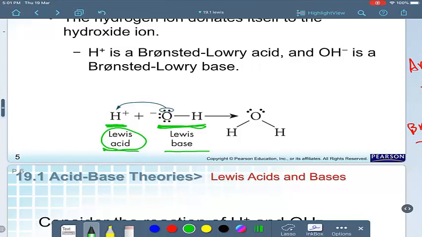And we need only 1 to make this. It has an unshared pair. It can give it to hydrogen here, or we can say coordinate. Remember the coordinate bond. It coordinates with hydrogen, and hydrogen now accepts a pair of electrons. So it's an acid.